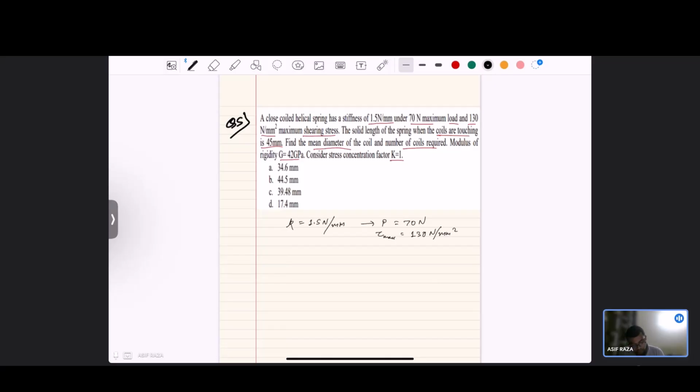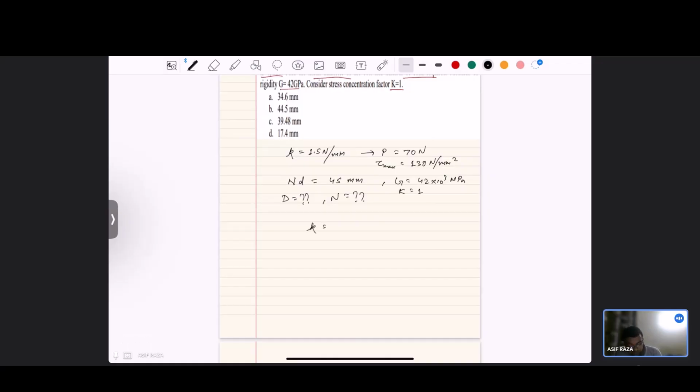The solid length of the spring when the coils are touching, so kind of N times d, because when it will touch this would be equal to 45 mm. Find the mean diameter of the coil and number of coils required. Given modulus of rigidity as 42 into 10 power 3 megapascal, K equal to 1.